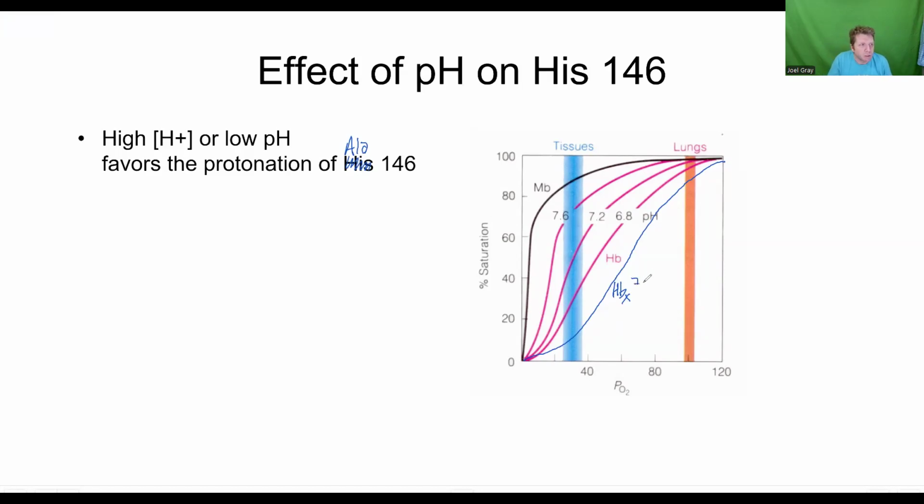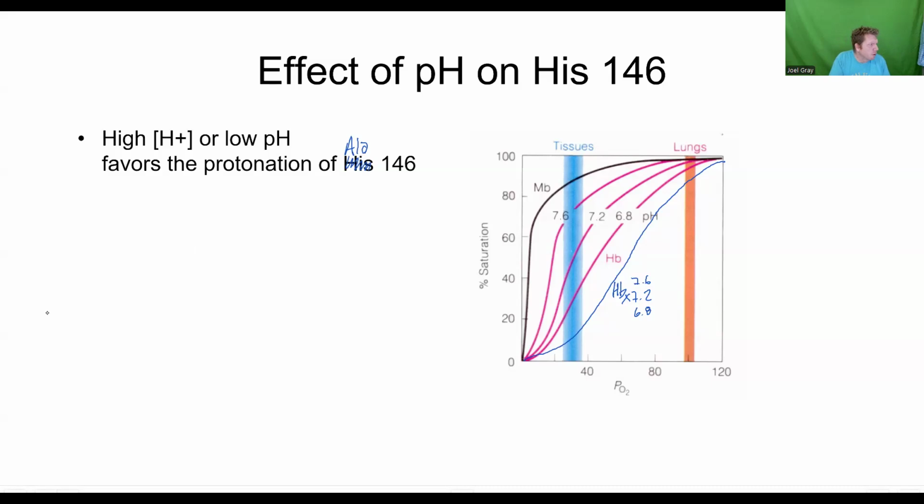So at a pH of 7.6, 7.2, 6.8, effectively it's going to look the same. That oxygen binding curve is going to look the same. That variation of that protein is going to stabilize the T state of the protein.